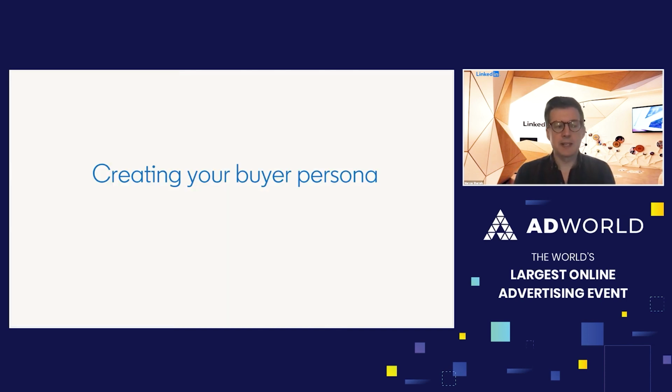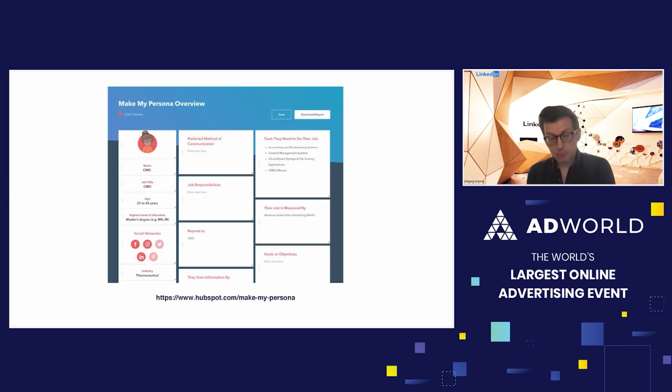So let's get started with the first part: creating your buyer persona. How does one create their buyer persona? This is somebody who is potentially a future customer for your product or service. One tool that I find very useful is on HubSpot.